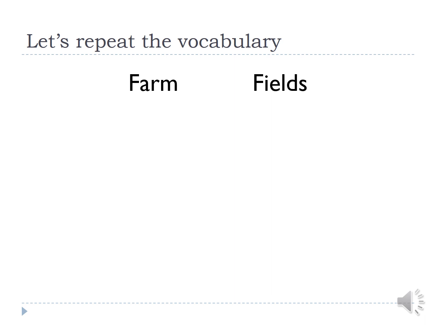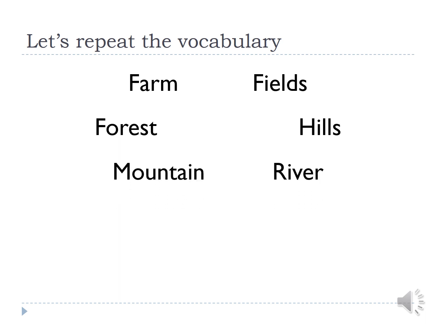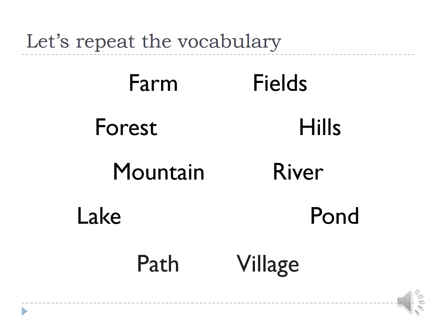Farm, fields, forest, hills, mountain, river, lake, pond, path, village. Do you know all the meaning of this vocabulary? If you don't know the meaning, you can check your dictionary.